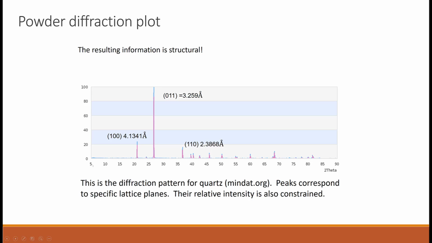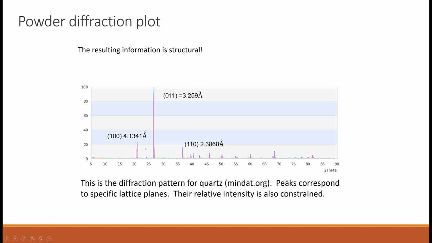So in this instance, 5 to, looks like the data stop at about 92 2 theta. And what we're looking for are places where the Bragg equation is satisfied, where that theta, which is half of the 2 theta angle, is right to reconcile the wavelength we're using with the spaces that are in the lattice.